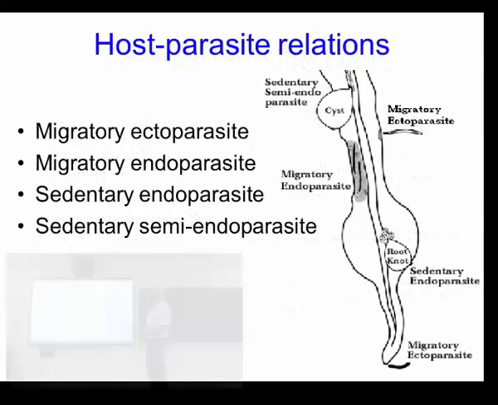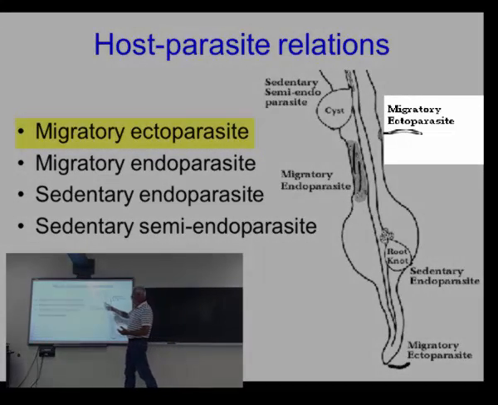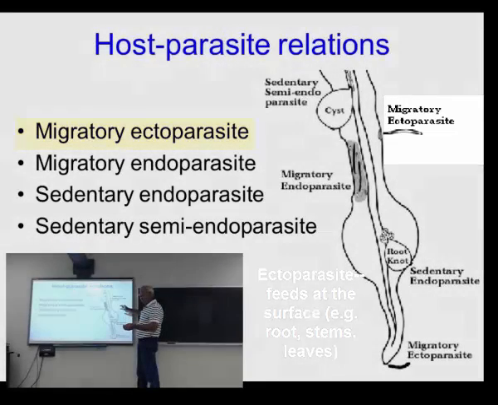In terms of plant parasites, we divide them up into 4 categories based on how they interact with the plant. The simplest are the migratory ectoparasites. They feed at the surface, usually of the roots, although this could be the stem or leaves in a few cases, but most of them are root parasites.